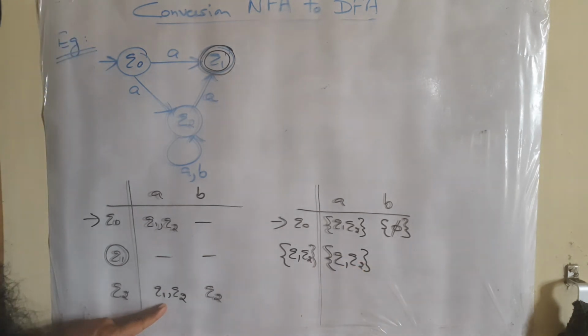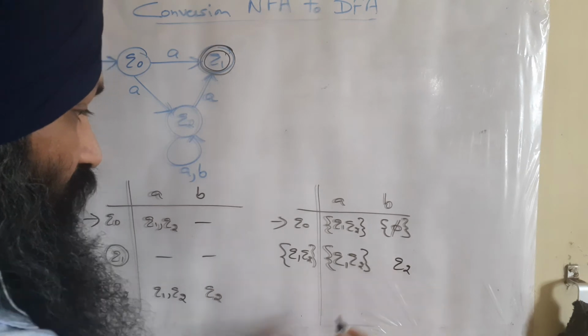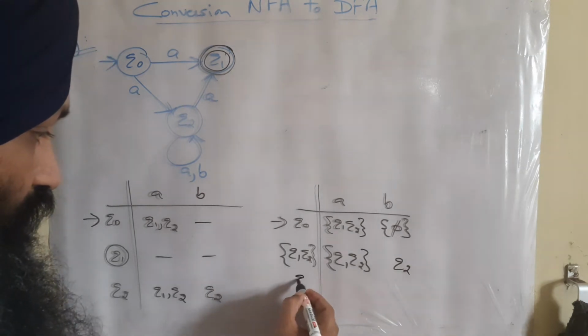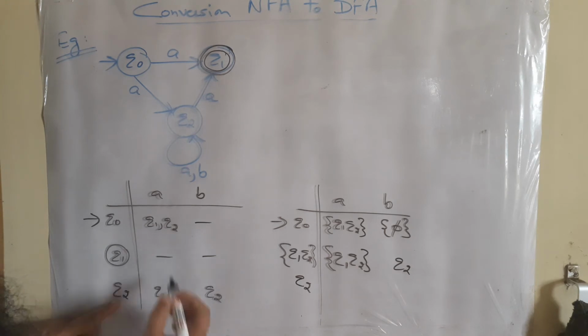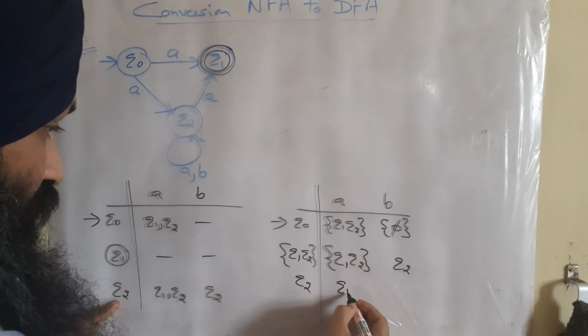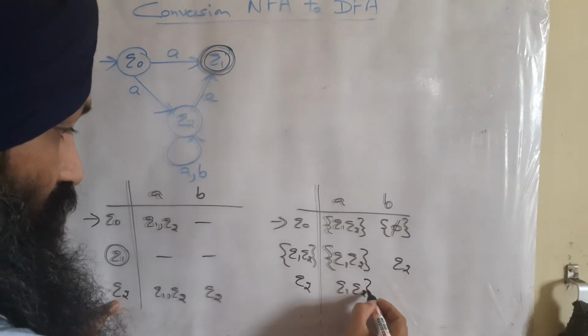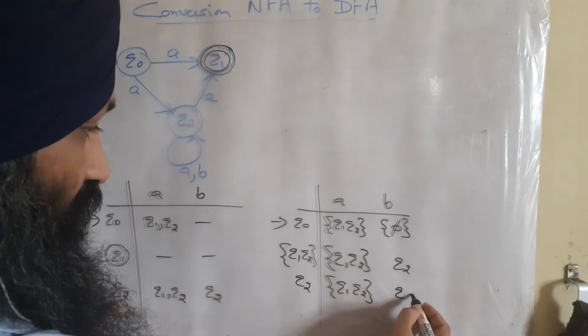And with respect to B, we are able to get the Q2 state. Now Q2, with respect to A, we get Q1, Q2, and with respect to B, we are at the same Q2.